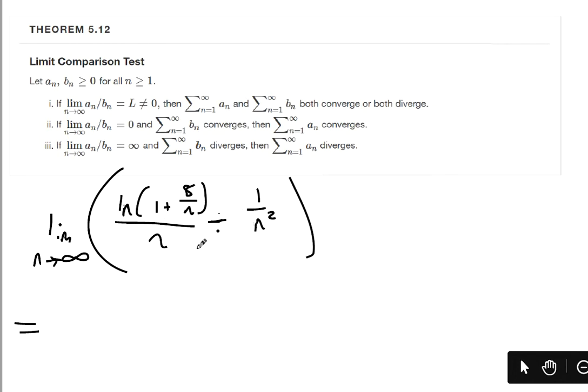And then we would flip and cross cancel, so that's the limit as n goes to infinity of n times the natural log of 1 plus 8 over n.